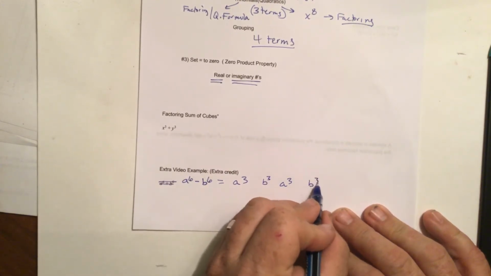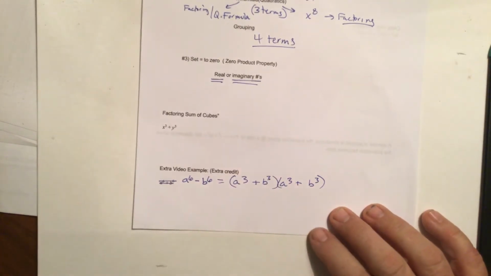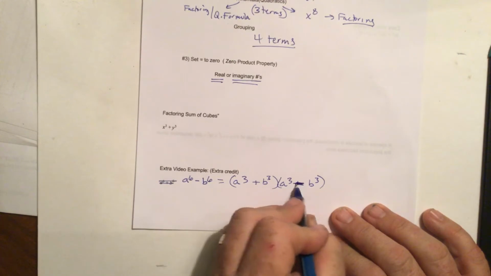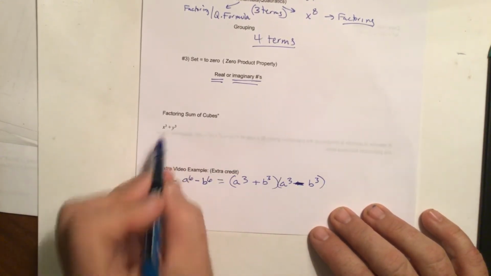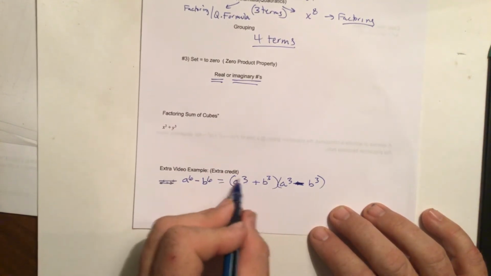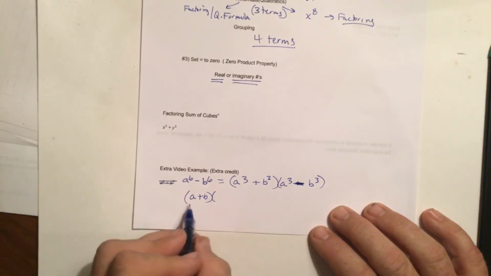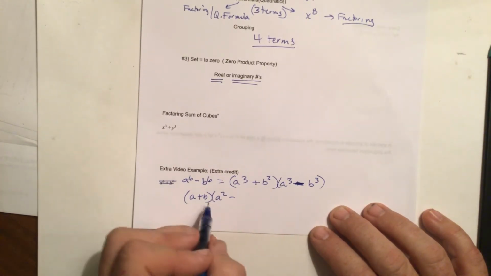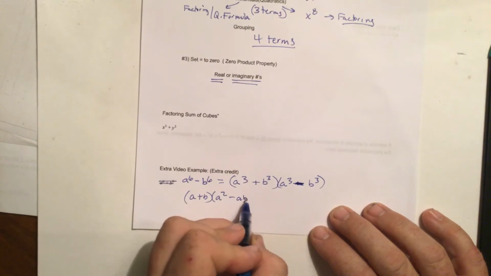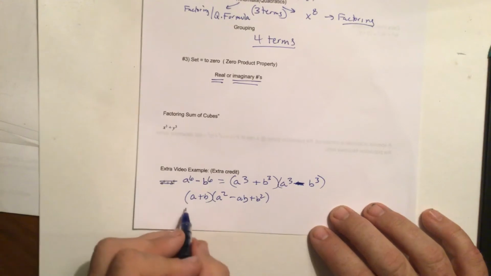So I get a plus and a minus, so I have a difference of squares at the beginning. Oops, that should be a minus. Now I have a sum of cubes. I take the cube root of the first one, a, and the cube root of the second one, b. Then I take the first term, square it, change the sign, a times b, plus b squared. This is the sum of cubes.